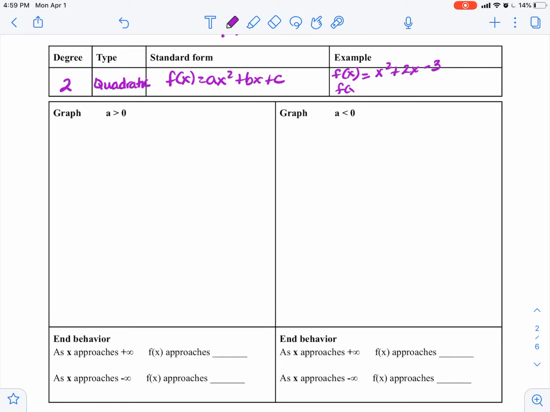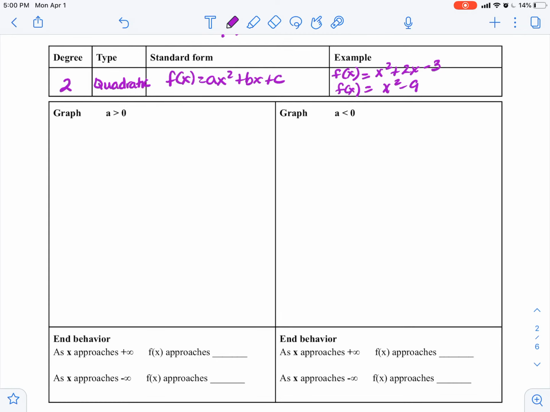It could even be something like x squared minus 9. So we could have multiple things there. We're going to talk about our quadratic and what happens if a is greater than 0. And we do have several options here on a greater than 0.